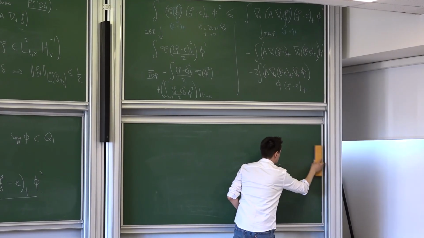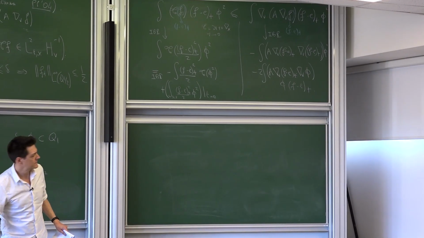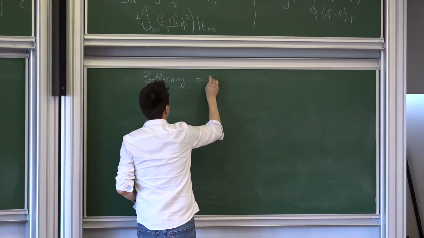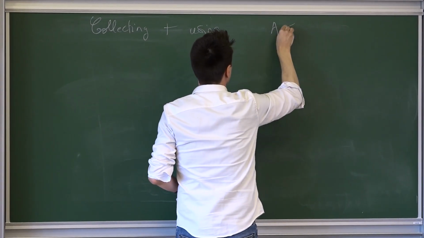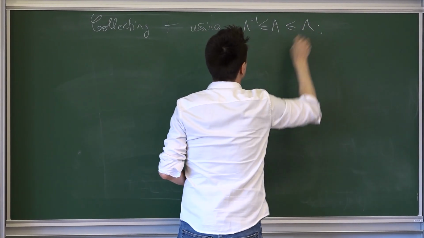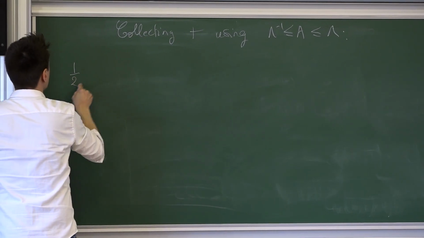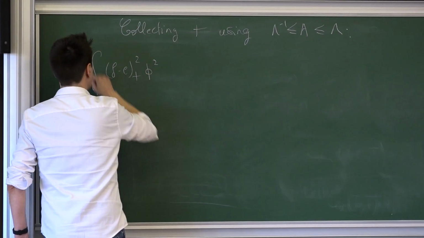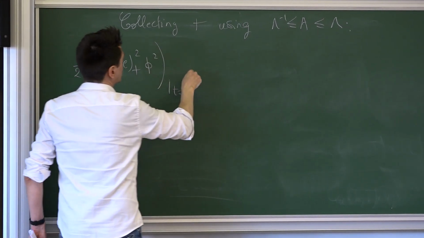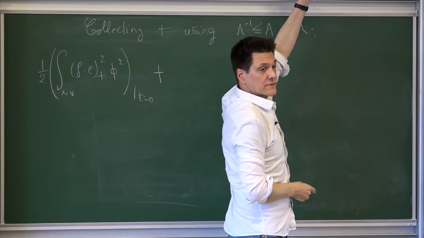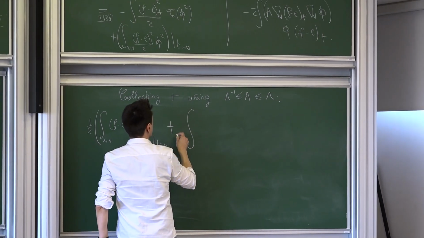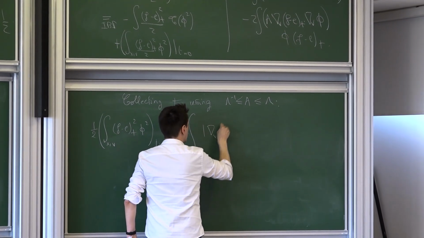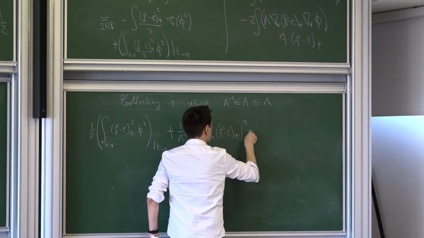I'm collecting everything, and I will use, as always, the bounds on the matrix A. You get 1/2 of the integral in x and v of this at time 0, plus I collect the first term that has a sign. The first term comes with the 1 over lambda, square of gradient f minus e plus squared phi square.